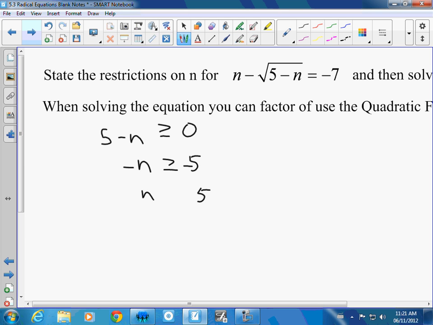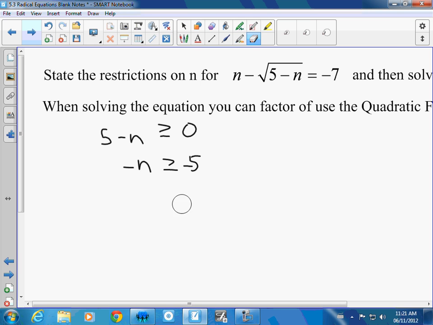What happens to the inequality, guys? Changes direction, doesn't it? Why does it change direction? Guys, when you divide or multiply by negative 1, or any negative number, what happens to the inequality? Does it flip? Yeah, you should remember that. That's from grade 9.